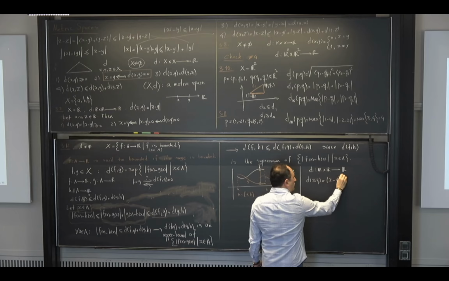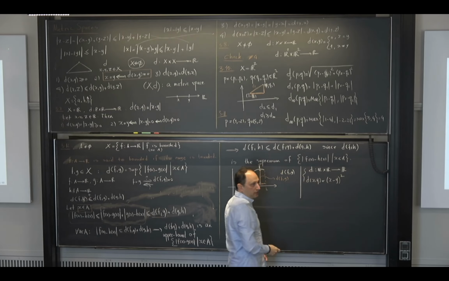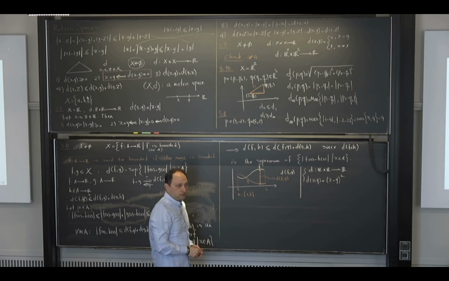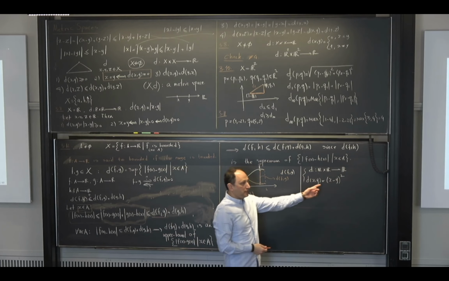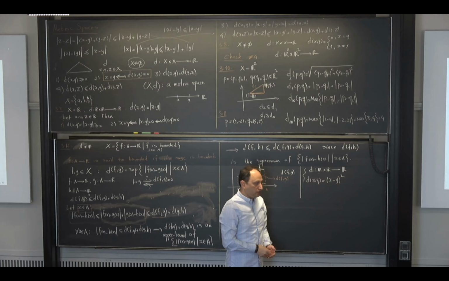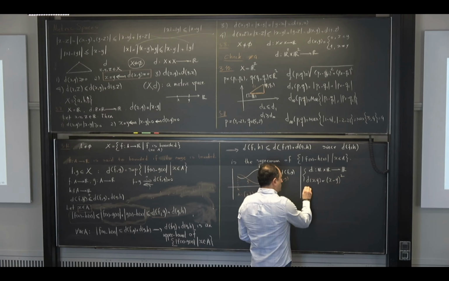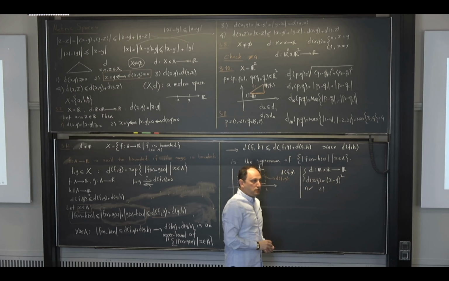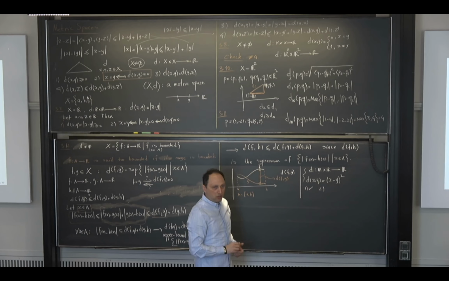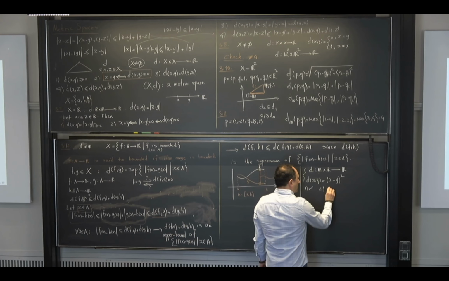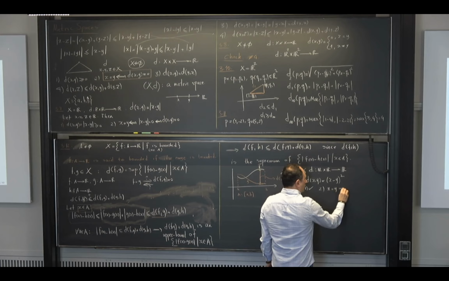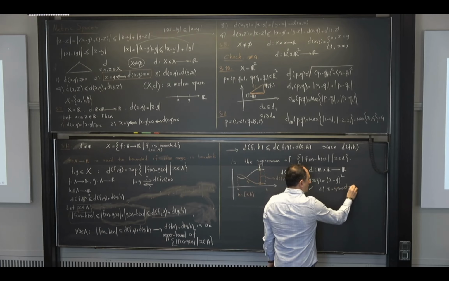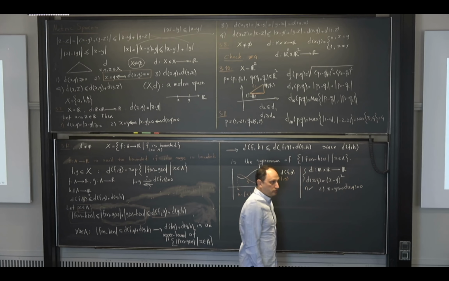Let us check all the properties very quickly. Is it non-negative? Yes, because the output is a square and it is non-negative. So non-negativity, number 1, is correct. Number 2, do you think it is positive definite? Positive definite means x equals y if and only if d(x,y) equals 0. Is it true or false?